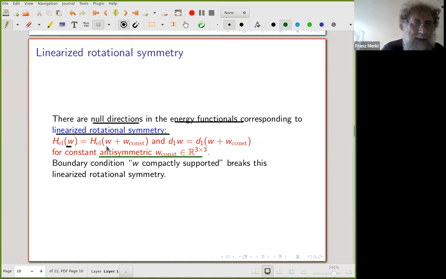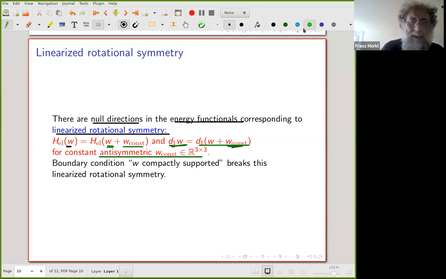When you add this to the argument of the Hamiltonian, so meaning you rotate, at least in a linearized approximation, your whole crystal, the elastic energy doesn't see that. Of course, that's a physical feature of the model, because the energy of the crystal should not be sensitive to a rotation of the whole crystal. And the same is true here for the Burgers vector density. Also in linearized rotations, the Burgers vector density does not see this linearized rotation.